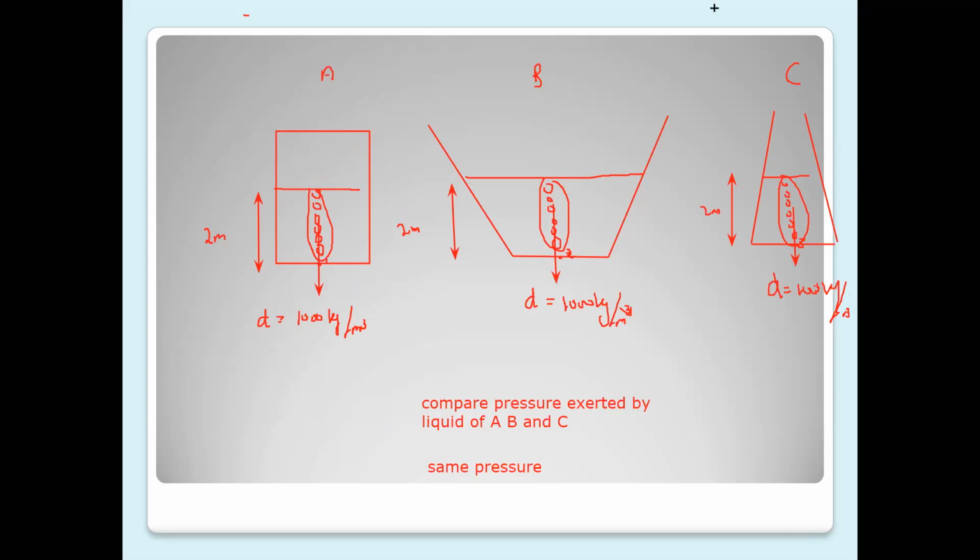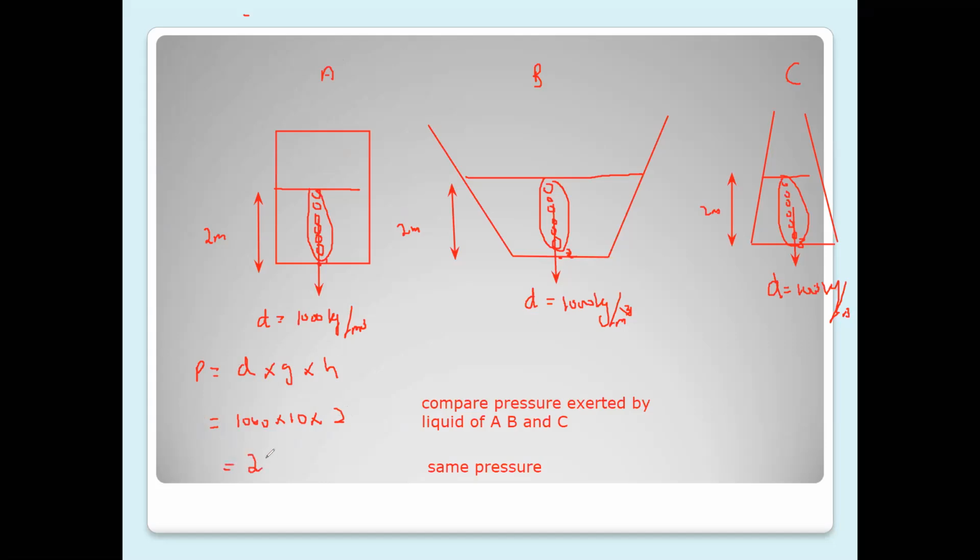And how do we calculate the pressure? The formula: pressure exerted by the liquid is equal to density of the liquid multiplied by gravity multiplied by depth. So when I calculate the pressure of A, density of the liquid is 1000, gravity is 10, and the depth is 2. So density is 1000, gravity is 10, multiplied by 2.